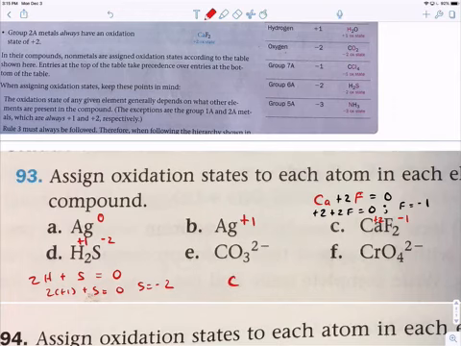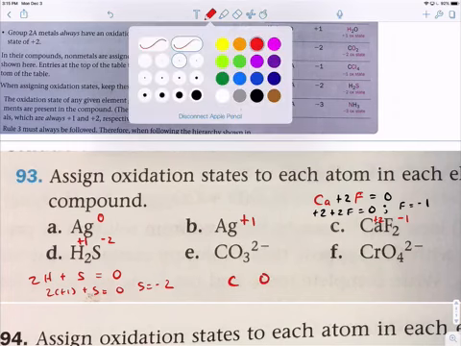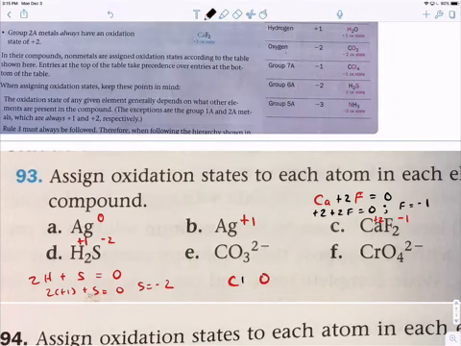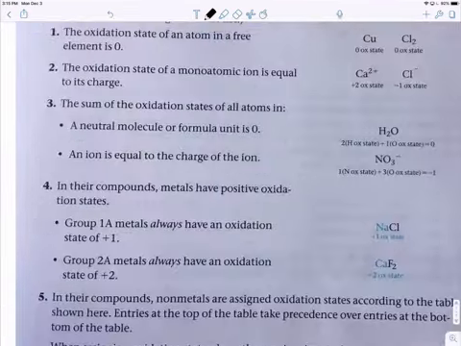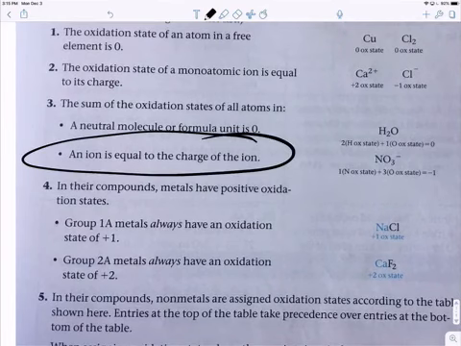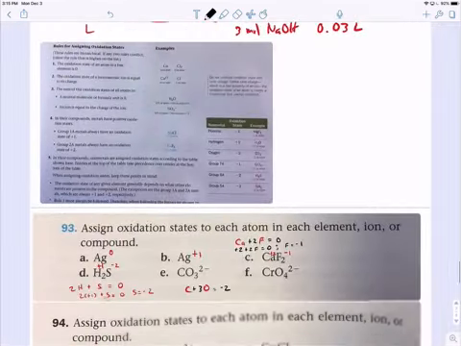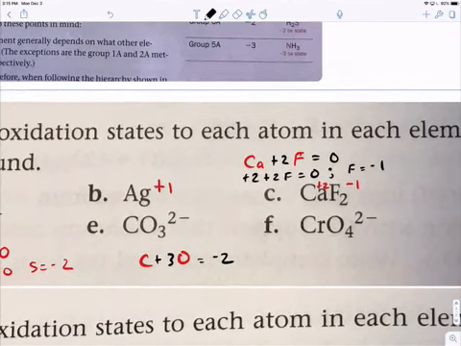And E, carbon plus 3 oxygens equals -2. And this is rule number 3. An ion is equal to the sum of all the oxidation states of all atoms in an ion equals the charge of the ion. So there, carbon plus 3 oxygens is -2.